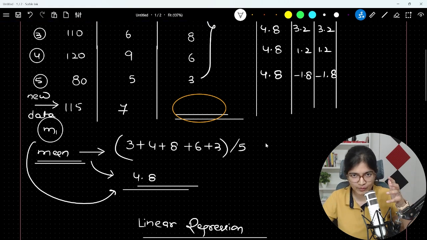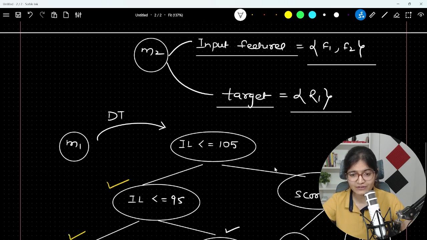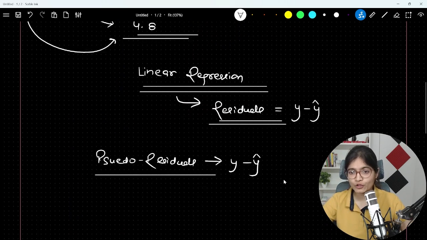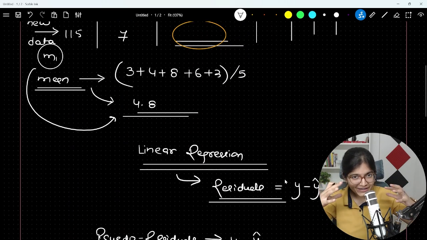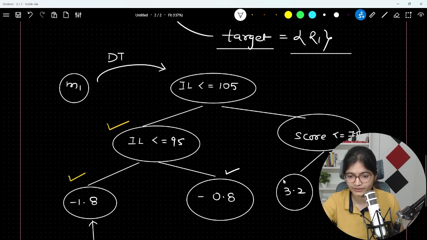If I increase the number of data points, obviously that problem will also get resolved. Now the next idea is to get the final predictions by the model M2. This is the prediction given by the decision tree. Now if you ask me what the combination of models M1 and M2 entirely together is, because it's a boosting algorithm, right?